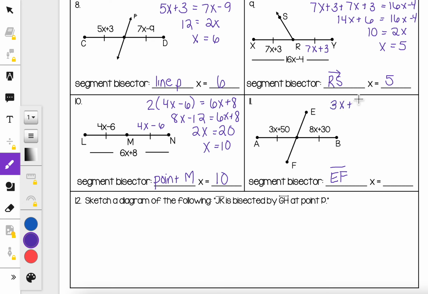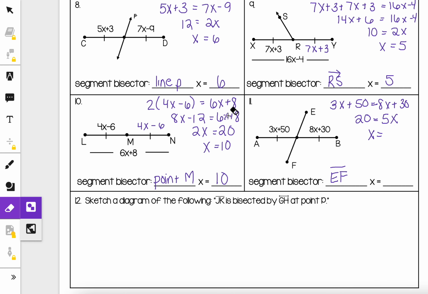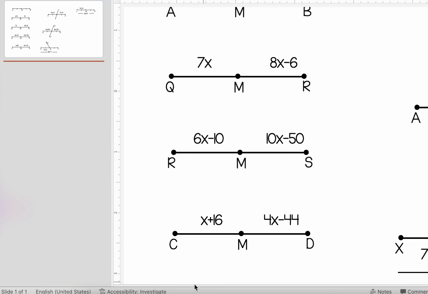So 3x plus 50 equals 8x plus 30. We are going to have 20 equals 5x. Divide both sides by 5 and x equals 4.